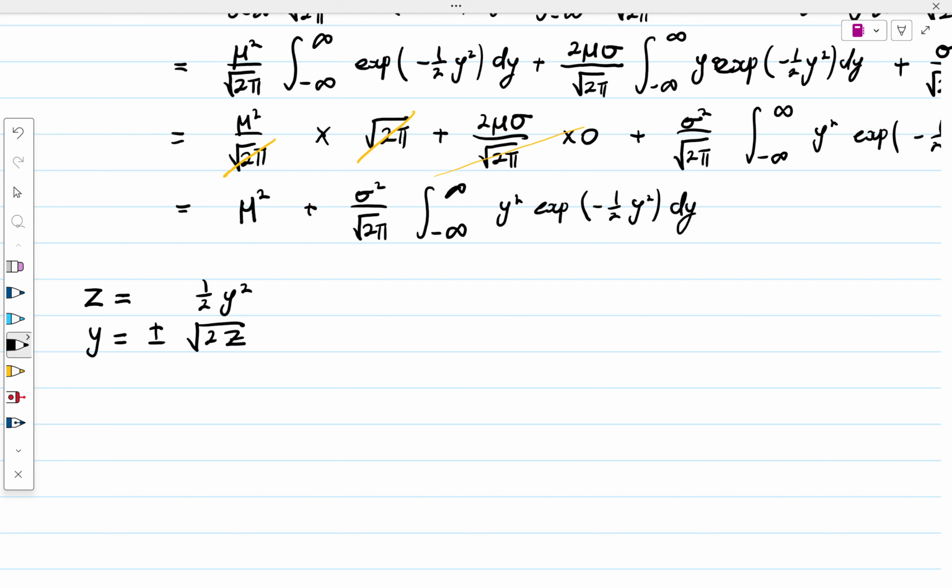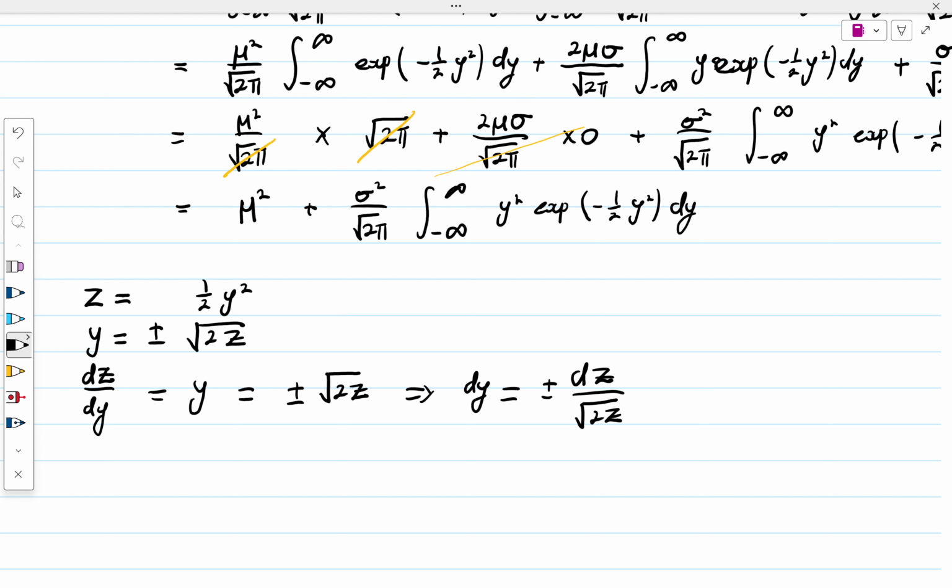And equally, what you could say is that dz on dy, by definition, would be equal to simply y, which is plus minus the square root of 2z, which implies dy, if we were to rearrange our equation, would be dz over plus minus square root 2z.